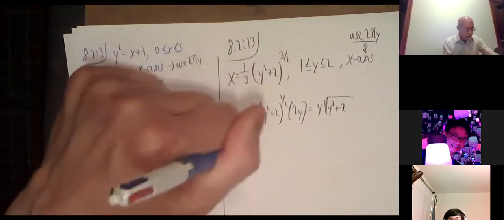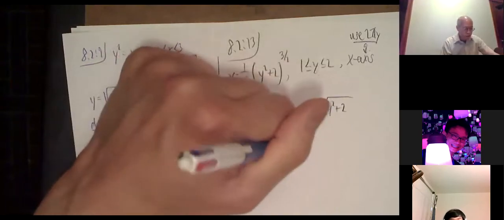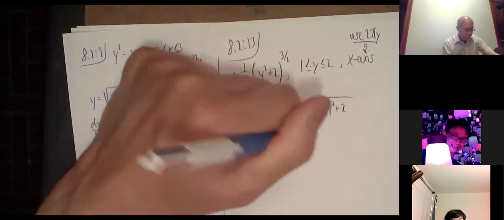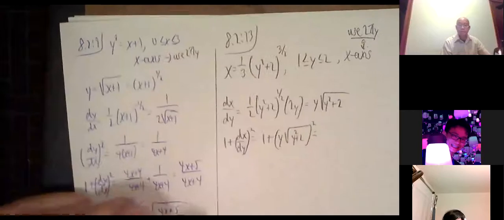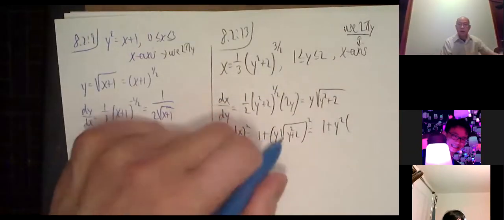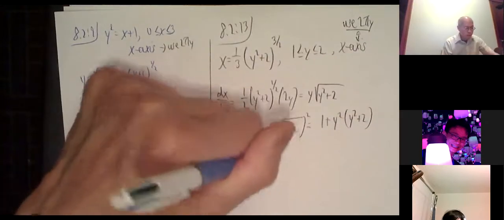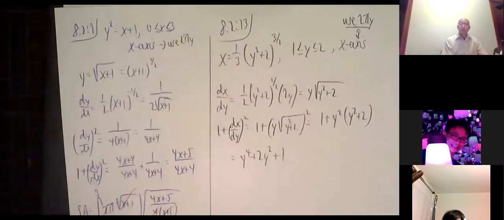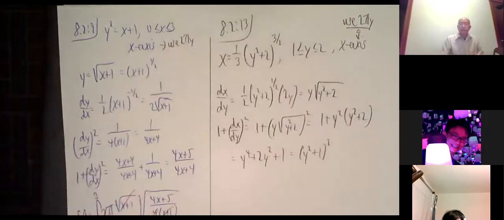So 1 plus (dx/dy) squared is 1 plus (y radical (y squared plus 2)) squared, which is 1 plus y squared times (y squared plus 2), which is y to the 4th plus 2y squared plus 1, which very conveniently is (y squared plus 1) squared.